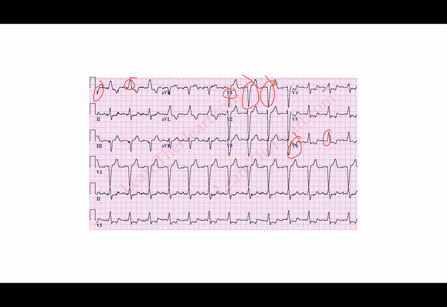That meets, and then of course the width being wide, that meets our criteria for a left bundle branch block. If you're not sure why that meets the criteria, brush up on what the criteria is for a left bundle branch block and a right bundle branch block. Because if you don't have that memorized, or at least handy to look at, you're not going to be able to identify it. So you're definitely going to want to put that in the old memory.